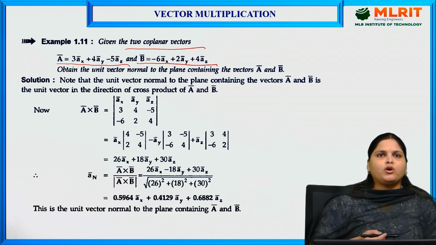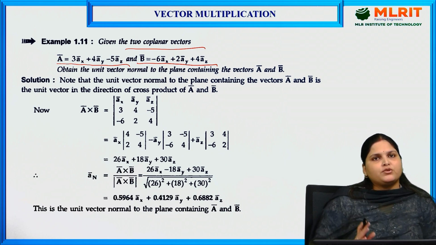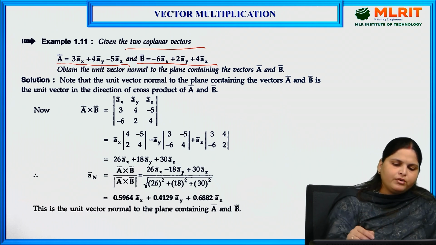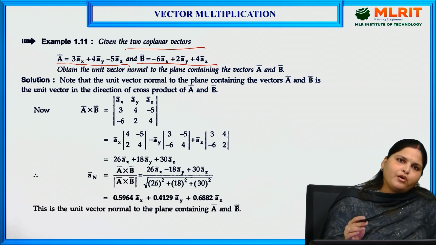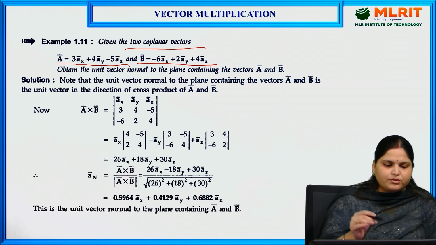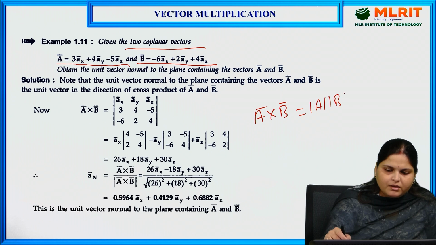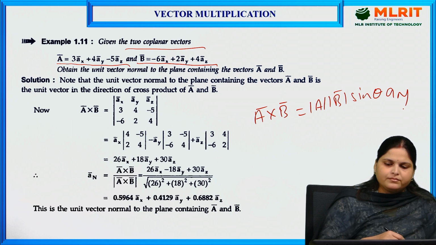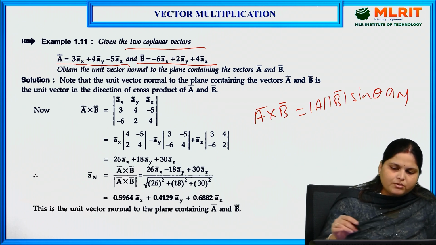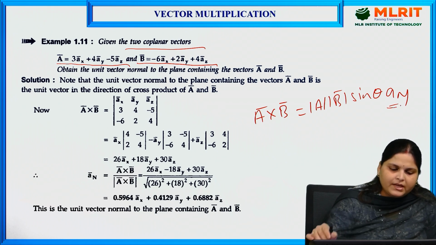Here we need to obtain the unit vector which is normal to the plane containing A and B. Basically we need to find the direction of A cross B. As we know, the formula of A cross B is mod A mod B sine theta an, right? So we basically have to find an here.